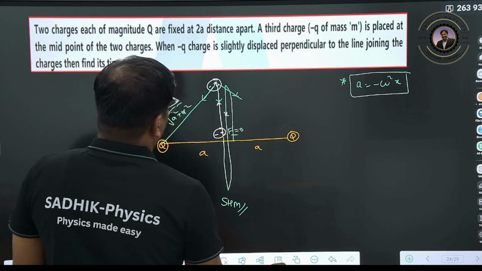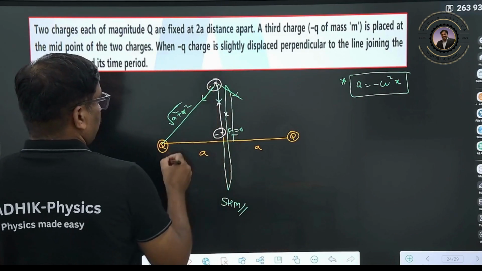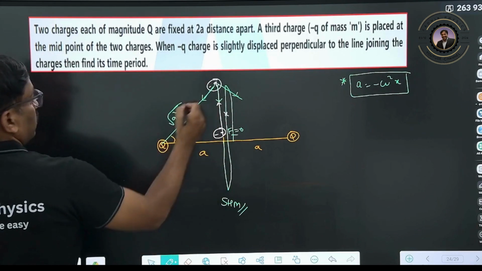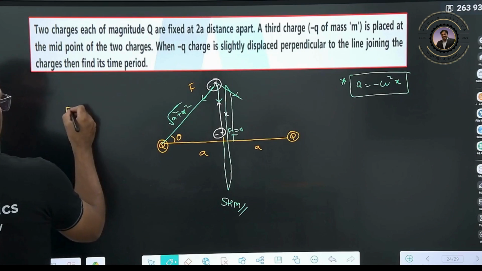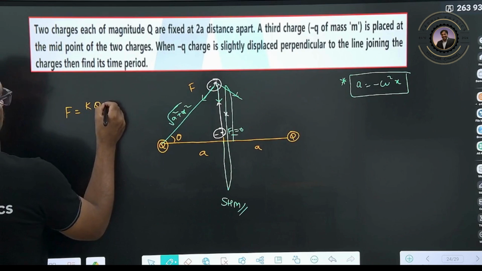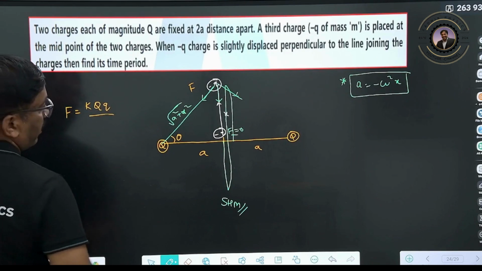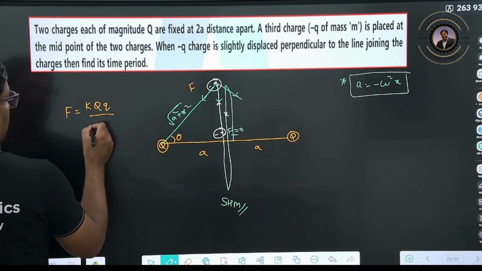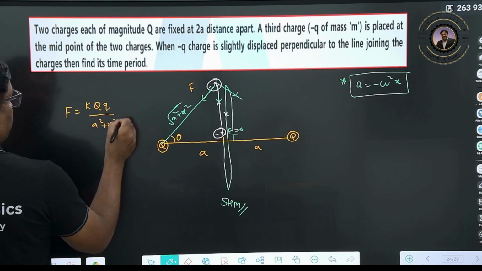Now let us see what the force is here. This is your theta, this is F. What can you write now? F is equal to k into capital Q into small q divided by a square plus x square.